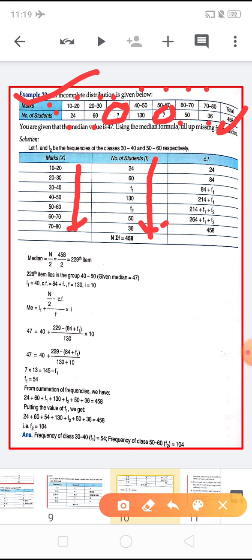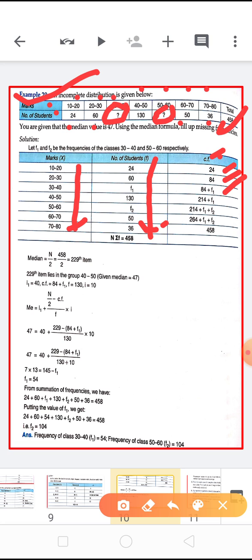Then we need to calculate the cumulative frequency. Cumulative frequency is 24 at first, so CF is 24. 60 is the next frequency, so 24 plus 60 is 84. Next is the missing frequency, which we name F1. So 84 plus F1.